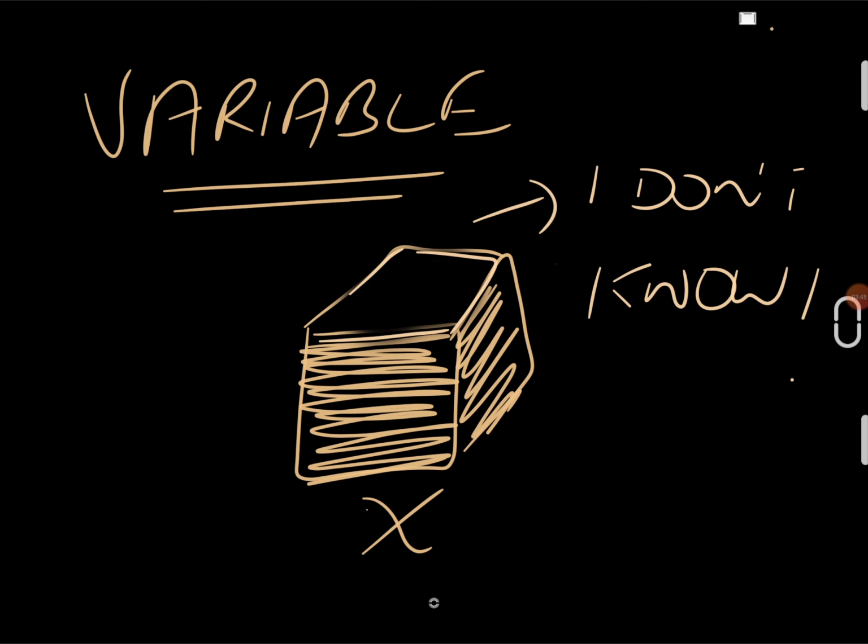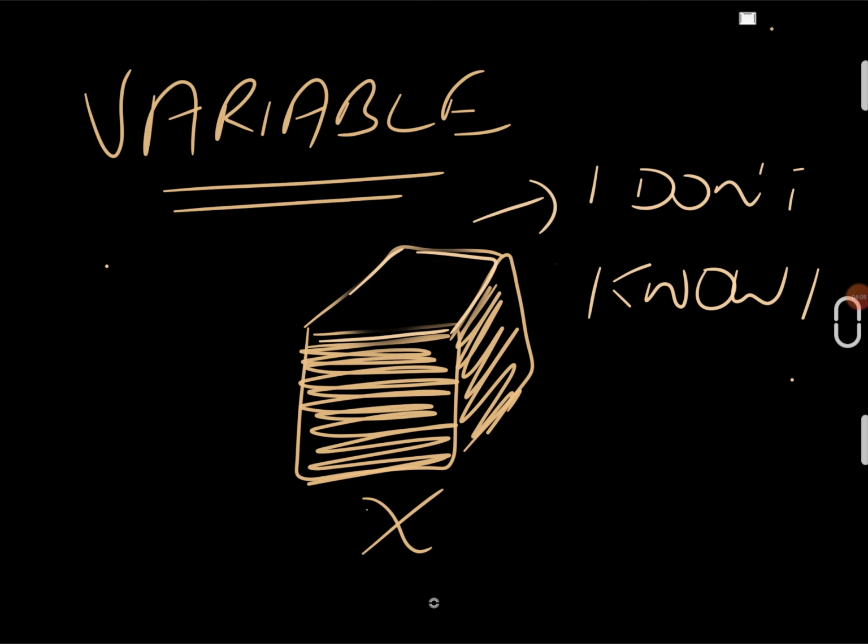If you want a strict definition of variable, I can always say it, but I'm trying to make the meaning of the variable understandable to you. So when you say the word variable, it is just like saying I don't know.